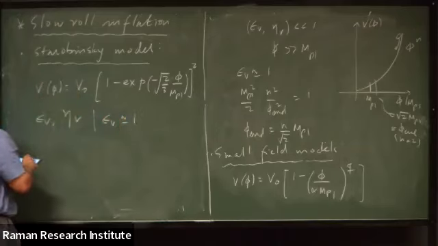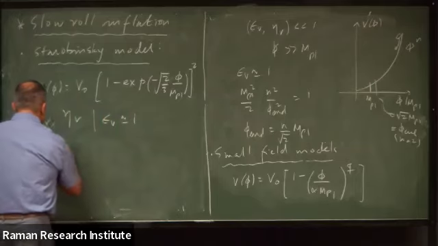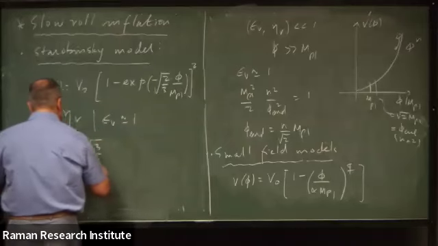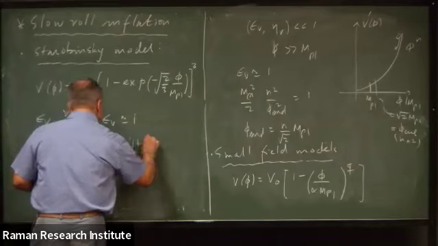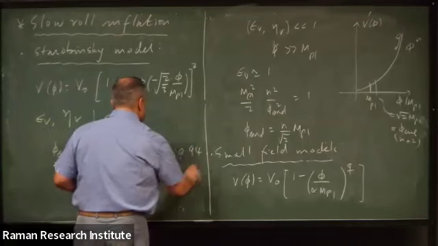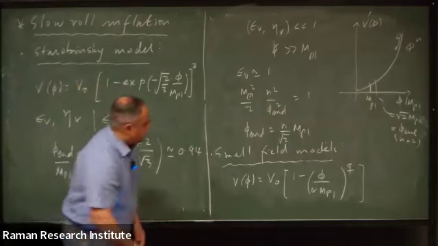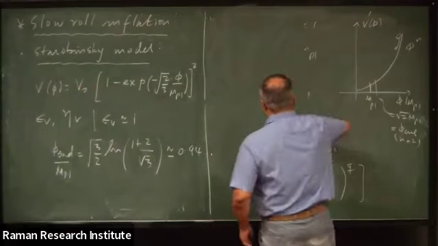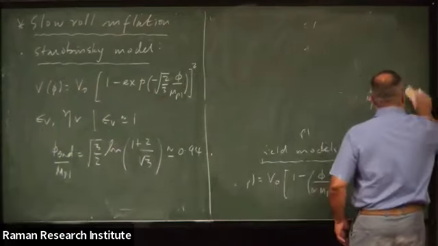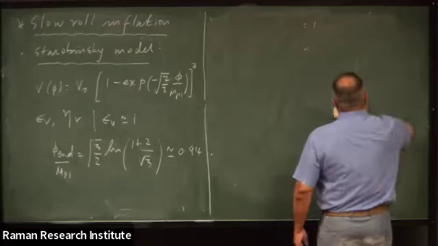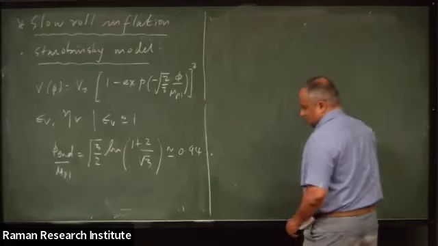What you find is that phi end by MPL is root 3 by 2 log of 1 plus 2 by root 3, which is like 0.94 or so. The reason I'm emphasizing this potential is that this will lead to the best fit to the CMB data, and it is one of the earliest models proposed.